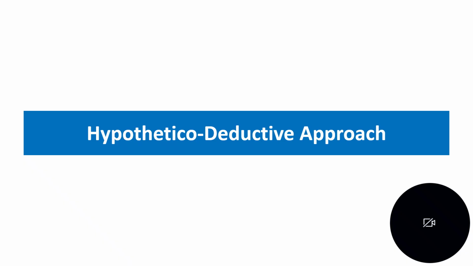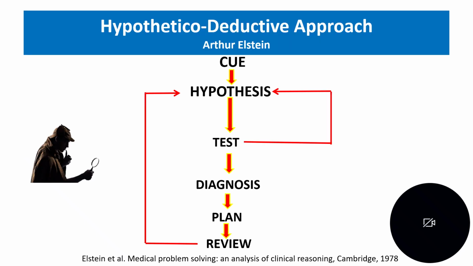Next in the PATH approach is the hypothetical deductive approach. This is also known as the Sherlock Holmes approach, and I'll let you know why shortly.